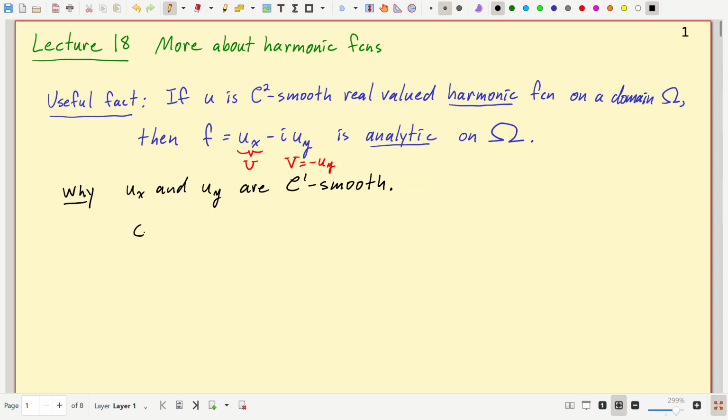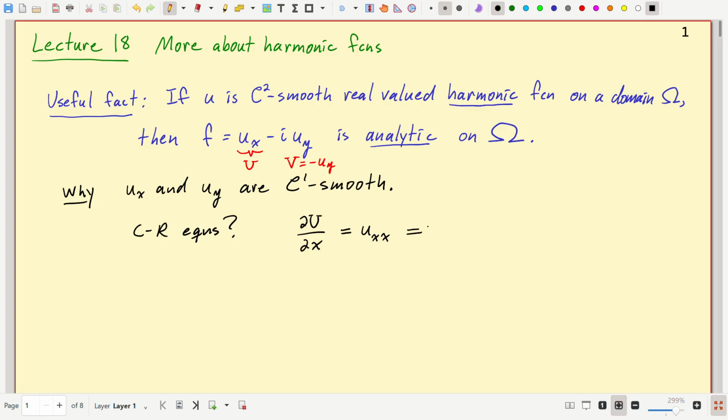So let's check the Cauchy-Riemann equations now that we've got it set up so we can. Let's see, so there's my capital U. The question is, capital U is little du dx, so dU dx would be little u dx dx.